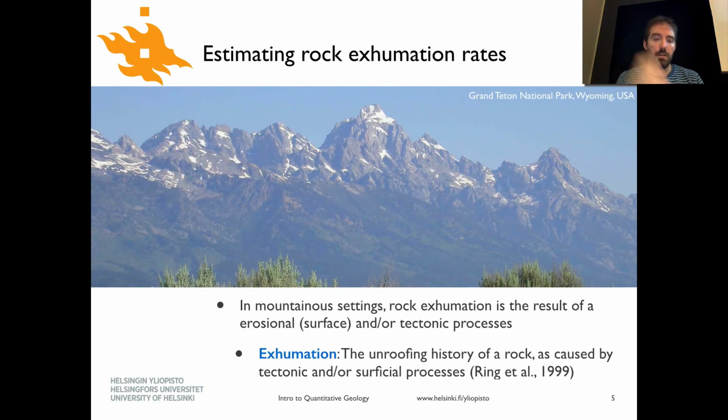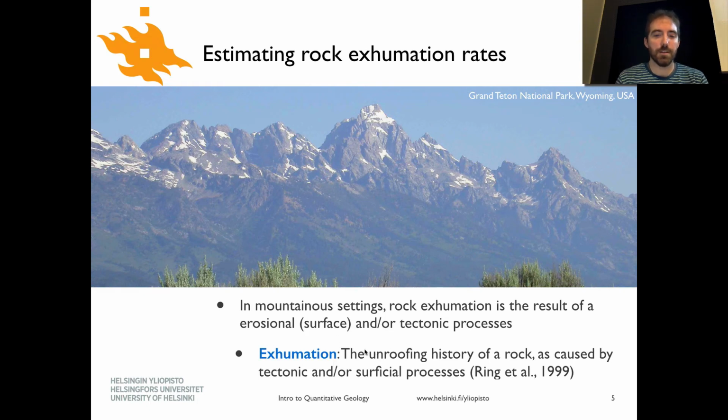Here, this is not Bhutan, this is the Tetons in Wyoming, but just to give you the definition of this word exhumation. Normally when you talk about exhuming things in normal society, it's like exhuming a body to be looked at for signs of something, or to check if someone's ring is missing.